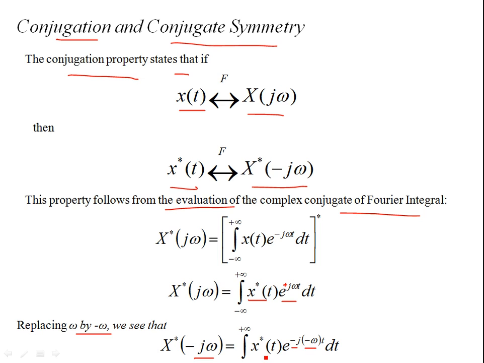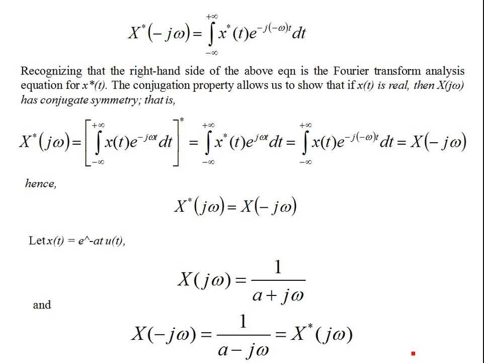This is the Fourier transform not of x(t) but of x*(t), which is the case we have shown here as well. So these two quantities are Fourier transform pairs. X*(-jω) is the Fourier transform of x*(t).